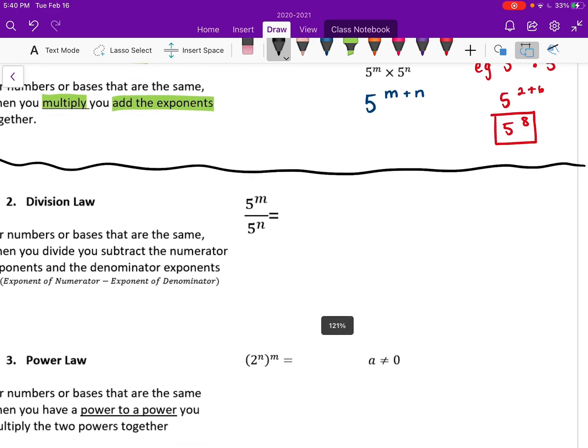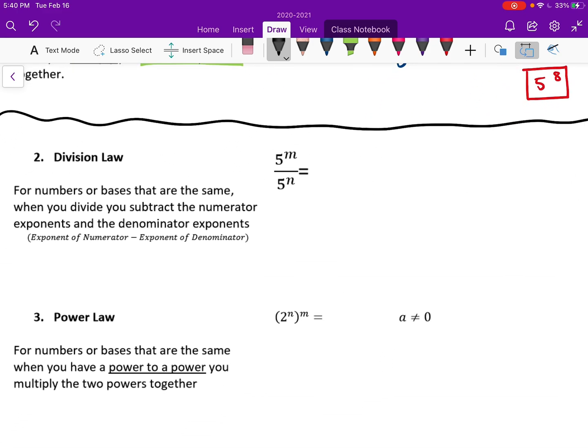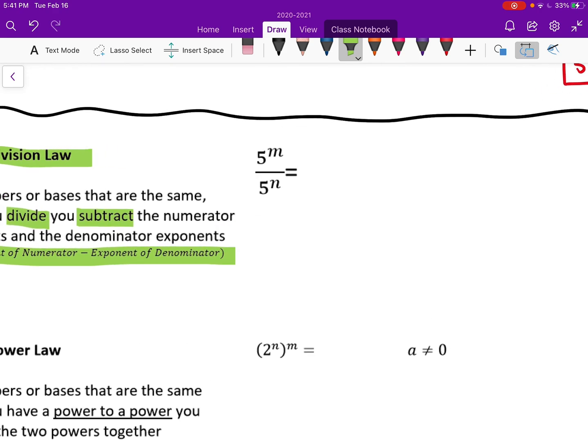And then for the division law here, when you're dividing, that's why it's called a division law, for numbers or bases that are the same, you subtract the numerator exponent from the denominator exponent. So we do exponents of the numerator minus the exponents of the denominator. In this case, it would look like 5 to the power of m minus n.